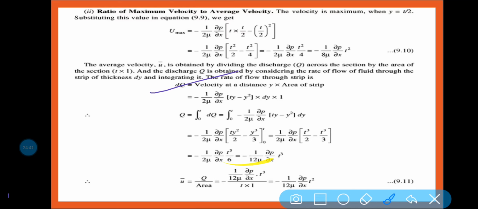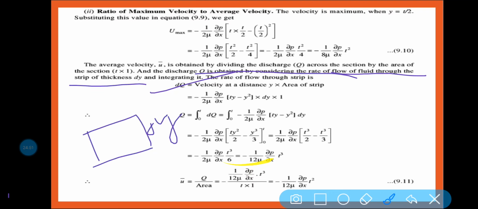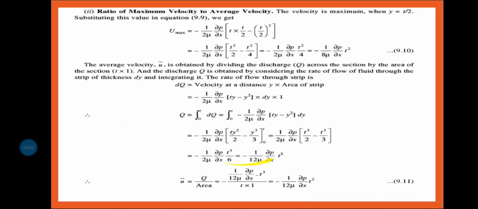We are considering the rate of flow of the fluid through a small strip of thickness delta y, and integrating it, which gives us the discharge. So dq is equal to velocity at a distance y into the area of the strip.